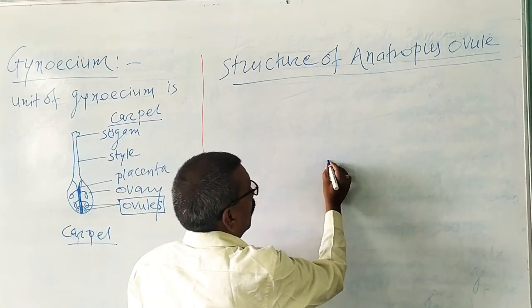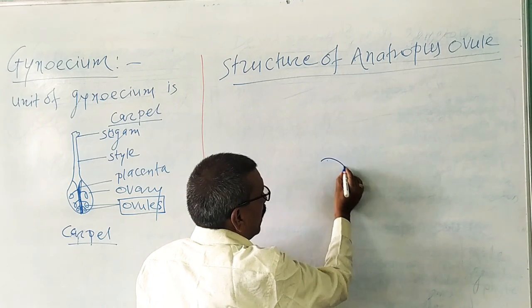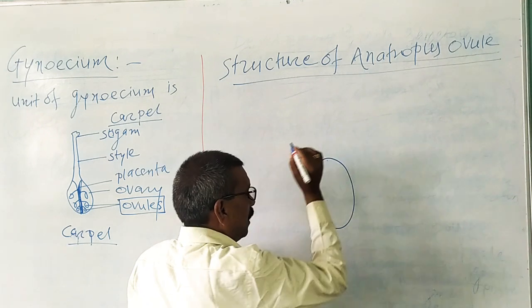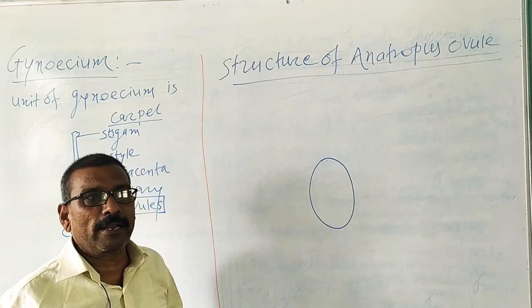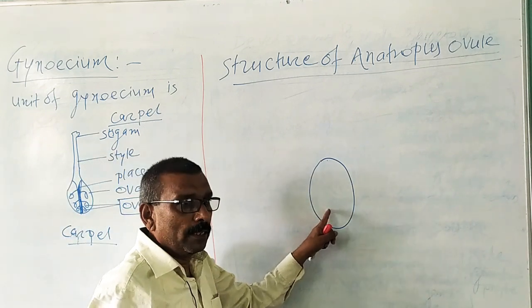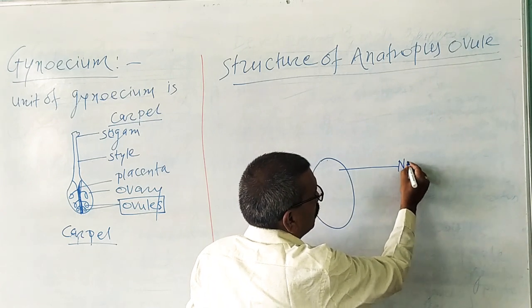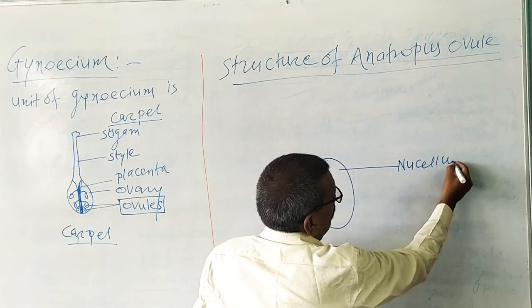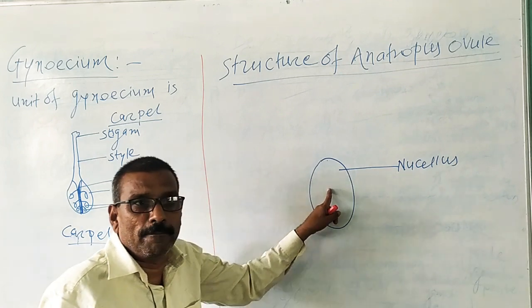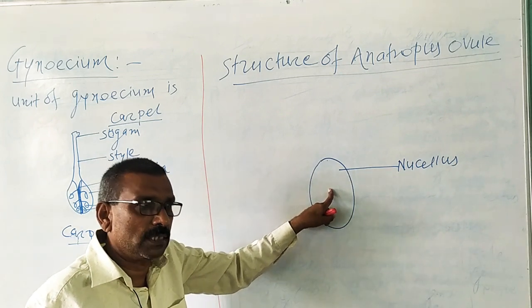Now in this ovule, the central diploid parenchymatous mass of cells is known as the nucellus.